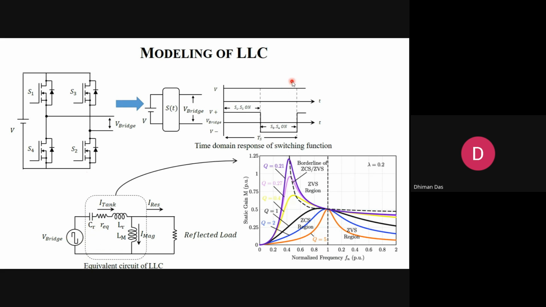When it is positive, the positive half cycle of the resonating current will flow through the network, and when it is negative or zero, the negative current will flow through the network.